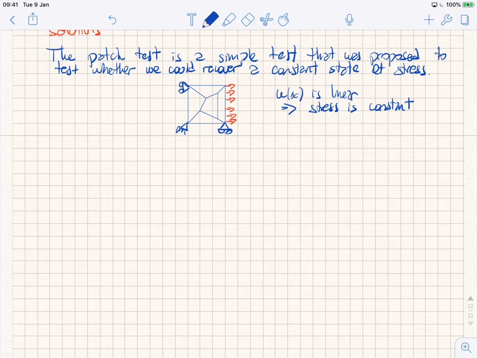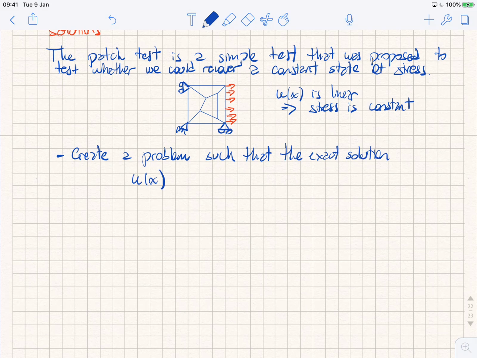Right? So, for high order approximations, what we do is we're going to create a problem such that the exact solution u of x belongs to some space.